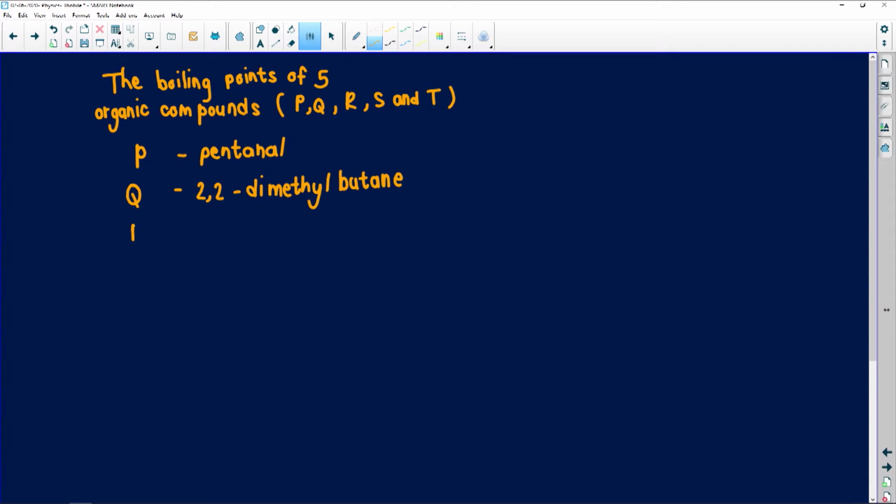We have R, which is 3-methylpentane. Then we have S, which is hexane. Very easy. And we have T, which is pentan-1-ol.